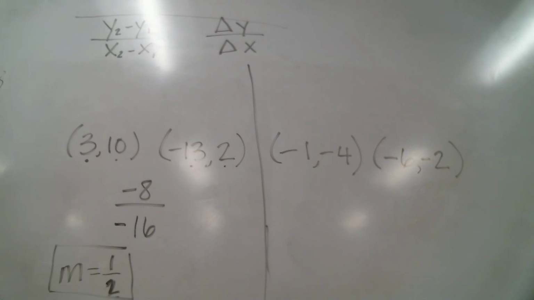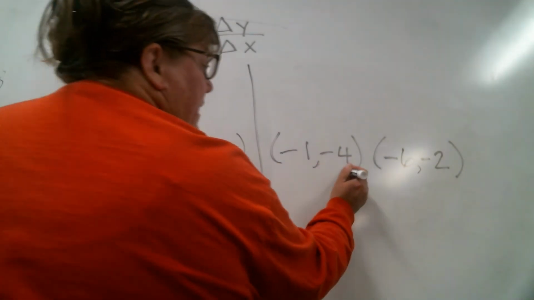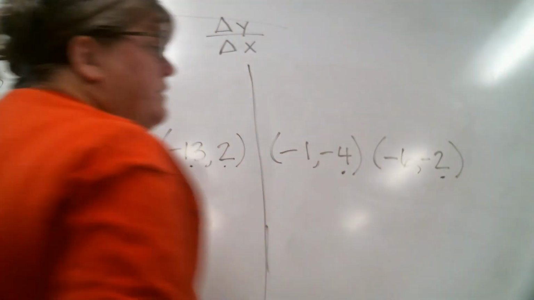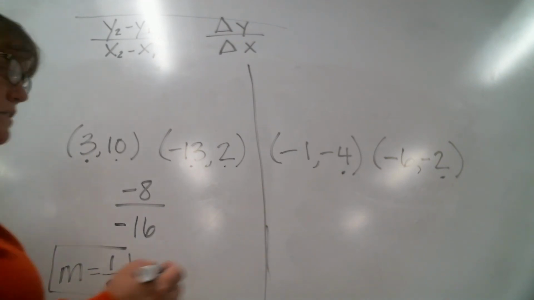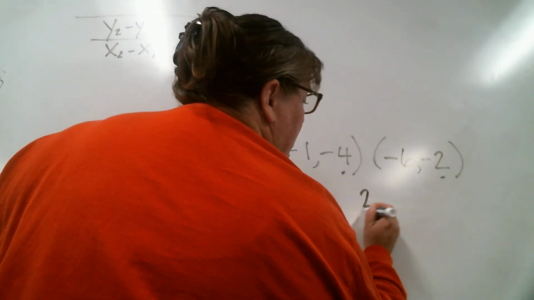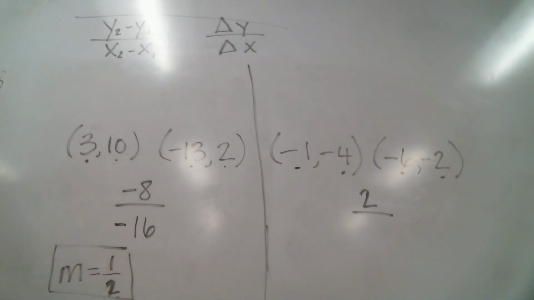Okay. The last one, let's look at the y's. The y is moving from -4 to -2. So if you think of a number line, if you're at -4, you're going to move up to get to -2. So you're going to move up by 2. So the change in y is up 2. So it would be positive 2. And then the change in x from -1 to -6.